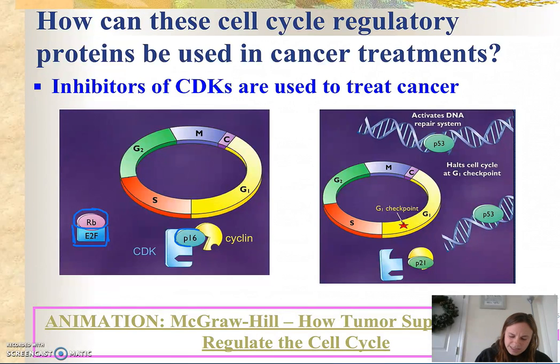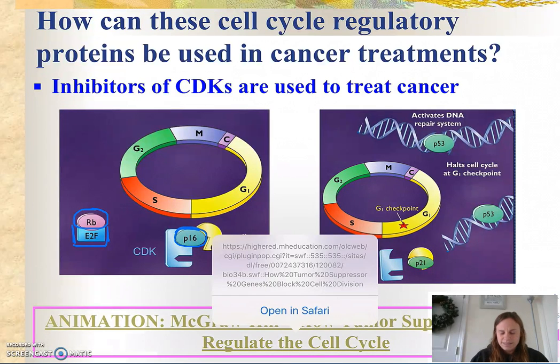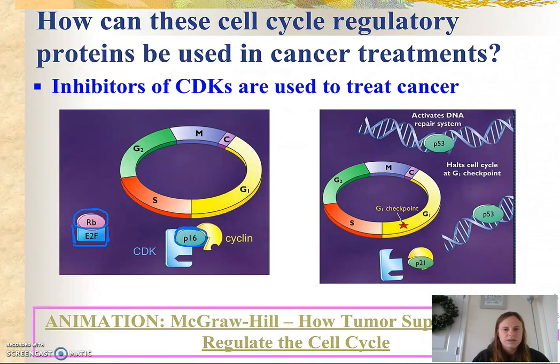Furthermore, P16 acts as a tumor suppressor protein because it binds to the cyclin, thus preventing the cyclin CDK complex from forming. Therefore, it stops at the G1 checkpoint because that threshold of CDK cyclin complexes is never reached.